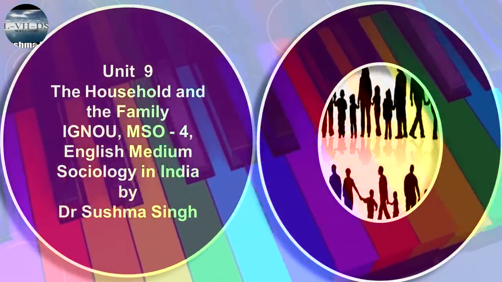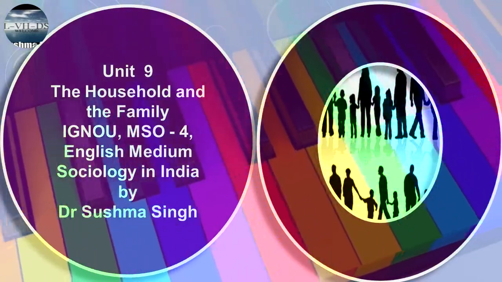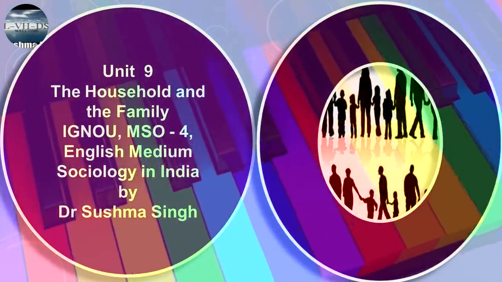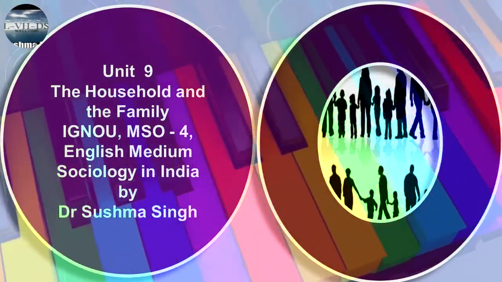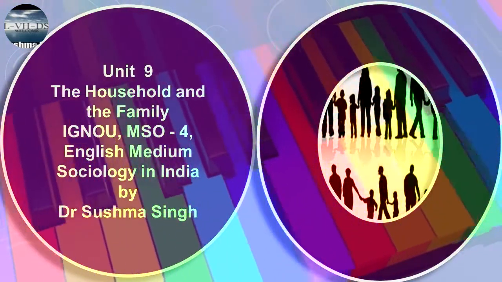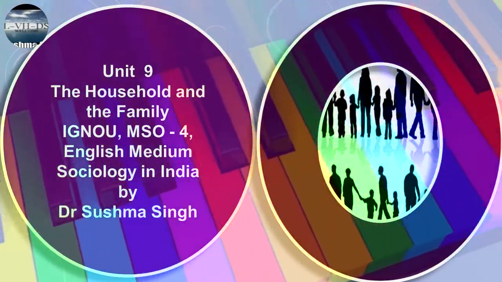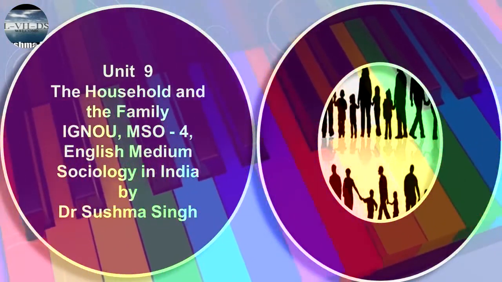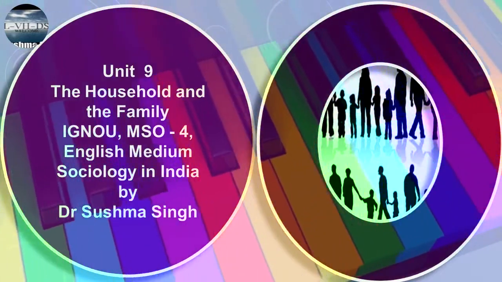A household in itself is neither joint nor nuclear, but becomes either of these by virtue of its being under progression and regression in the process of its developmental phases.